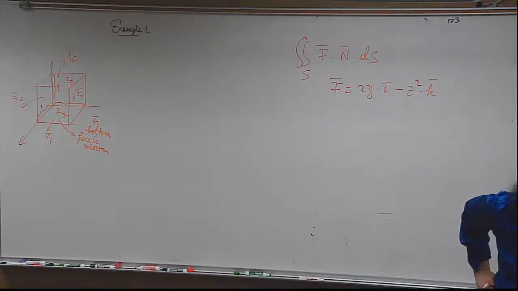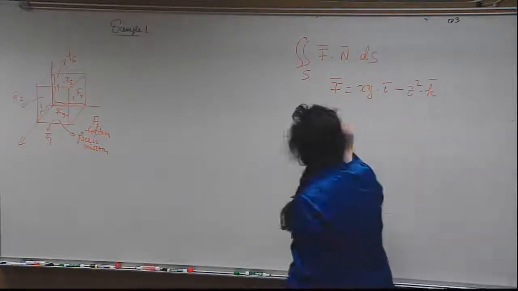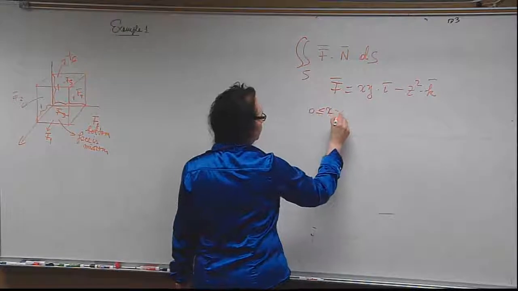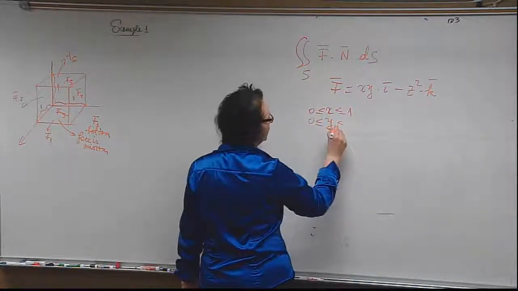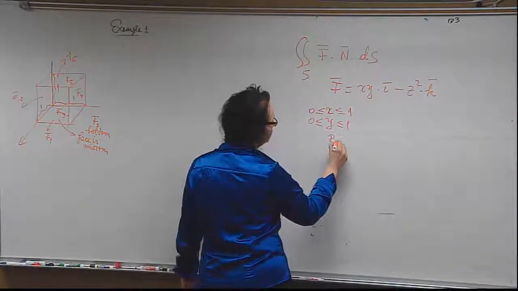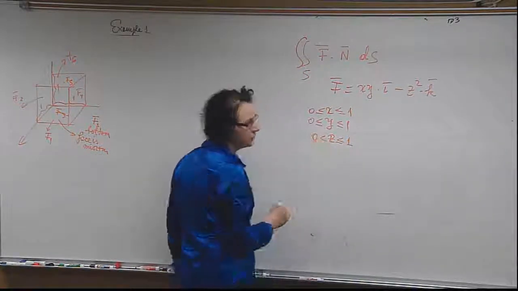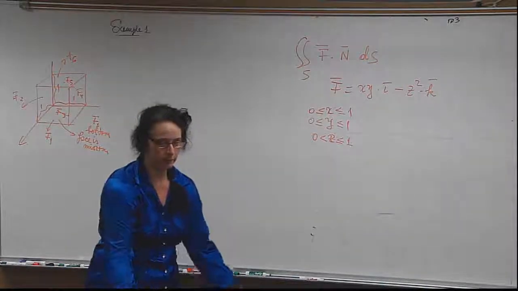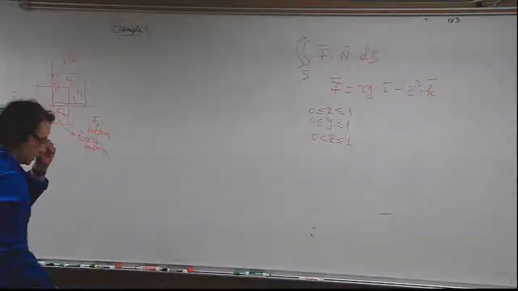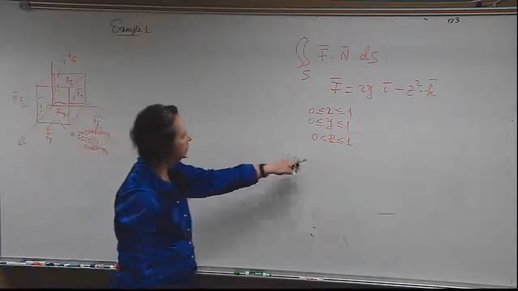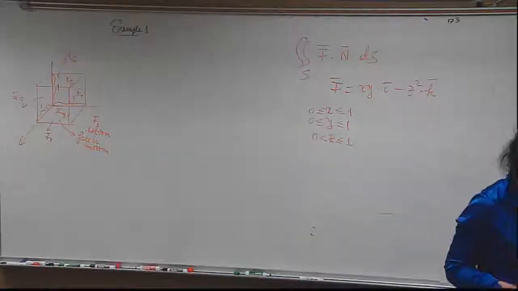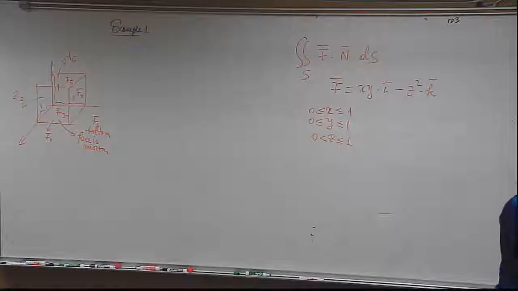It's a unit cube, okay? So x must be between 0 and 1, y must be between 0 and 1, including them. But z, attention guys, z must be greater than 0, because you remove the face on the ground, and less than or equal to 1. And do I want anything else? No, that is all.